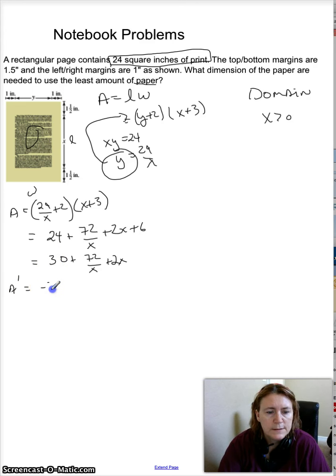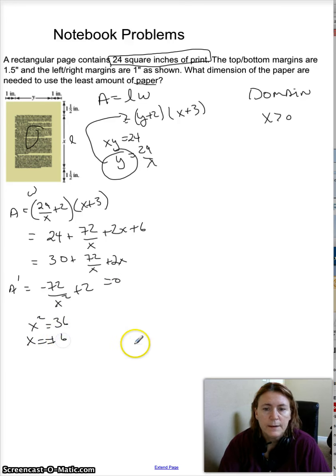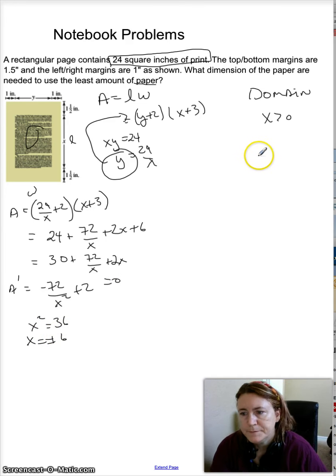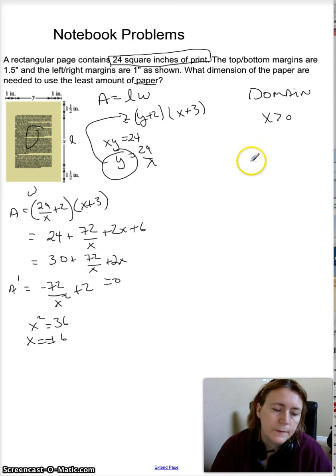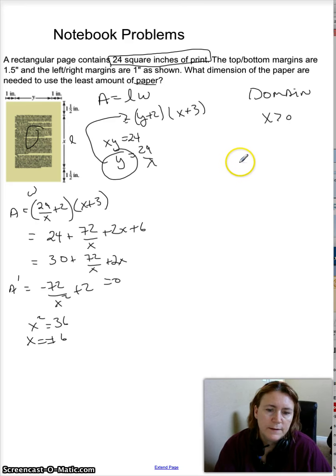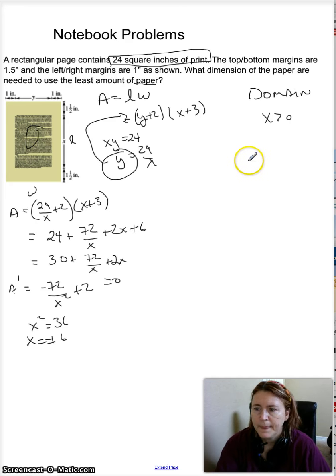So this is minus 72 over x squared plus 2. And let's set this equal to 0. When does this equal 0? Well, when x squared is 72 over 2, 36. So when x is plus or minus 6. Again, x has to be positive, because you can't have a negative area.